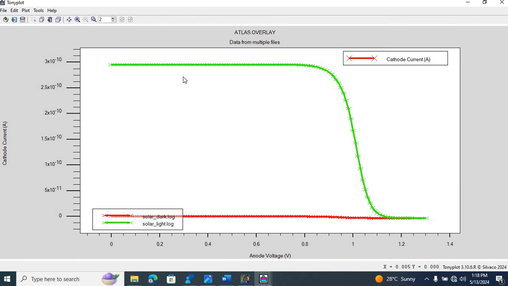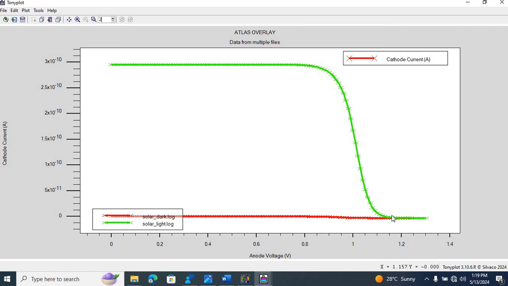The green one corresponds to the IV characteristic under light condition, and the red one corresponds to the IV characteristic under dark conditions. The intercept of this light IV curve on the y-axis corresponds to the short circuit current density, and the intercept on the x-axis corresponds to the open circuit voltage.